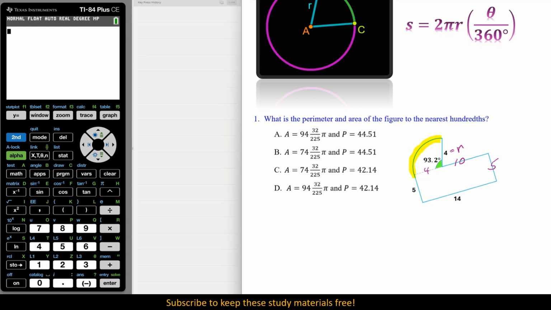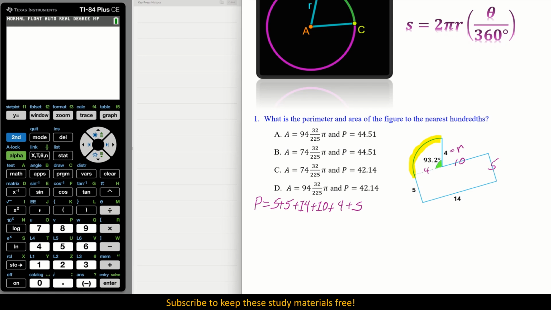So we know that our perimeter equals 5 plus 5 plus 14 plus 10 plus 10, plus, let's see, what do we have left? 5, 5, 14, 10, oh, 4, and whatever that arc S is going to equal.